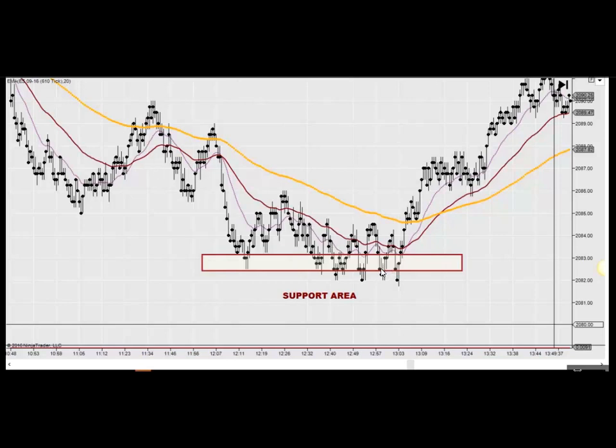You don't know. That's speculation and that's gambling. All right, so we just sit and we wait. And this is where we sit and wait because this is a support area, the floor of this trend. And bam, it finally changes direction. And that's when we start to look and see if we could go long, enter positions. So this is a support area.